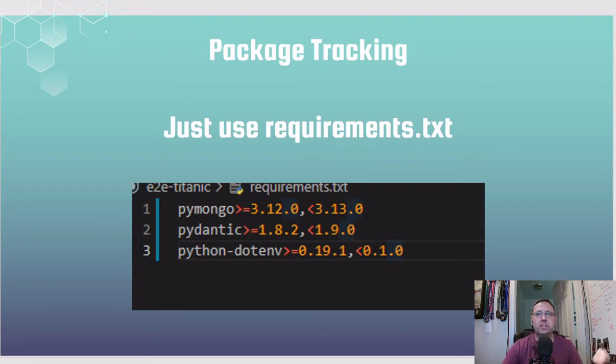So I just did a quick snippet here of a requirements text. For me to track the packages I have pip installed within Docker, I go to my requirements.txt file. I don't need to pip freeze, don't need to do any of that. And this has the added benefit that, the way I have this built out, I can actually say, okay, give me pymongo 3.12.0 all the way up to 3.13.0.